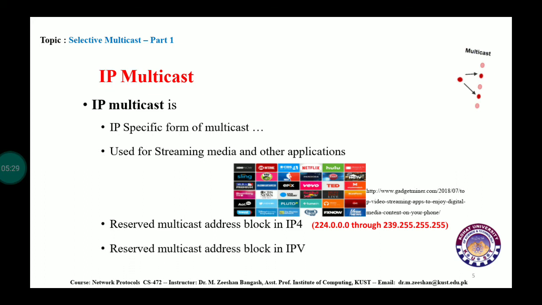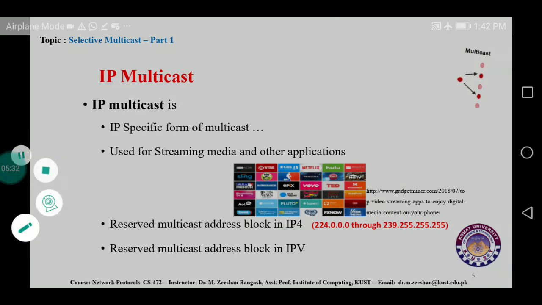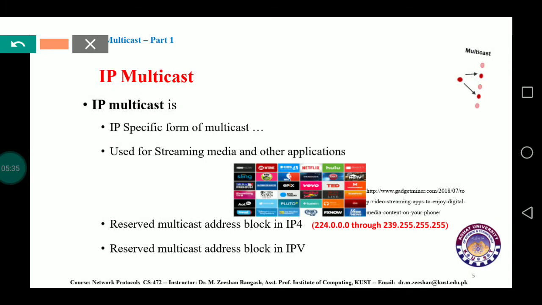Similarly, there is again some reservation in IP version 6. This is the IP version 6 block for multicast operations. So a specific block is reserved for multicast operations.